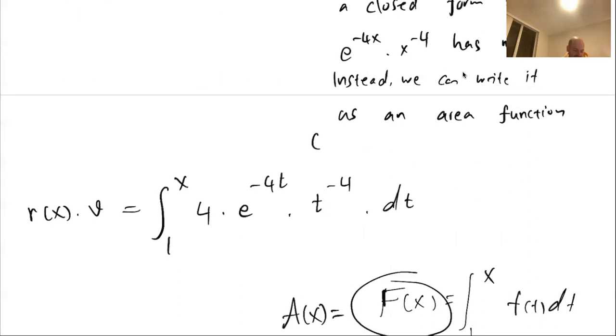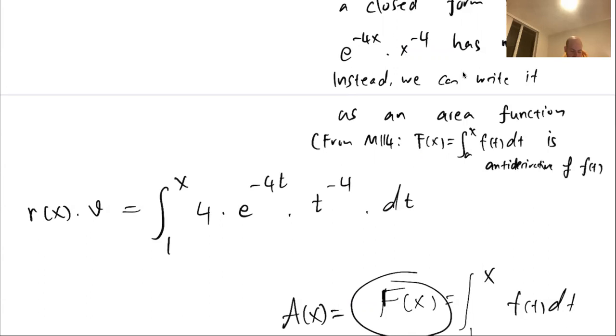Maybe I can say that from Math 114: we know that the area function, let me write it this way, capital F of x equals the integral from a to x of f(t) dt is an antiderivative of f(t) if f(t) is continuous.